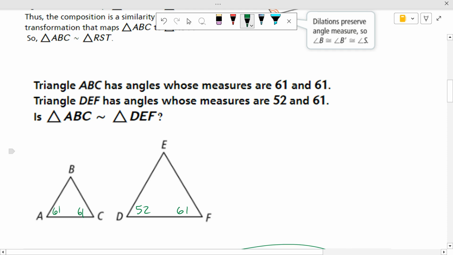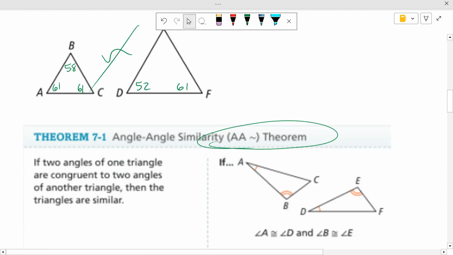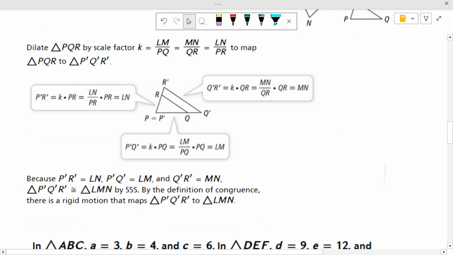Okay, what's 61 plus 61? 122. What's 180 minus 122? 58. Do 58, 61, and 61 match up? Any of them match up with 52? No. So these are not going to be similar. They are not similar. There's no way they'll be similar because they have to have at least two angles work.